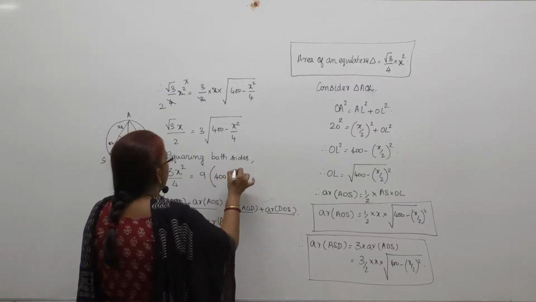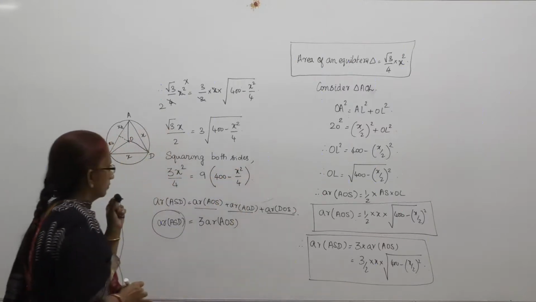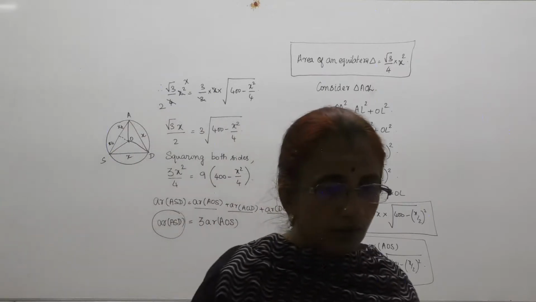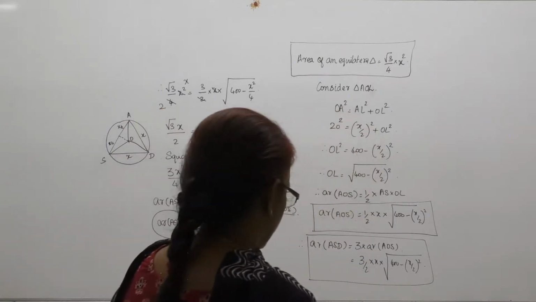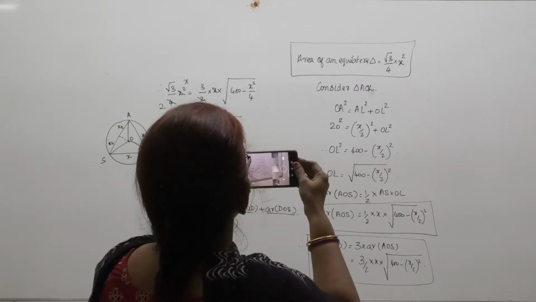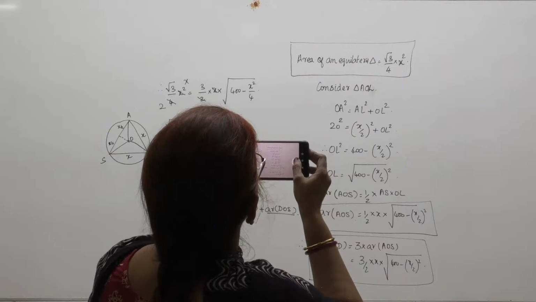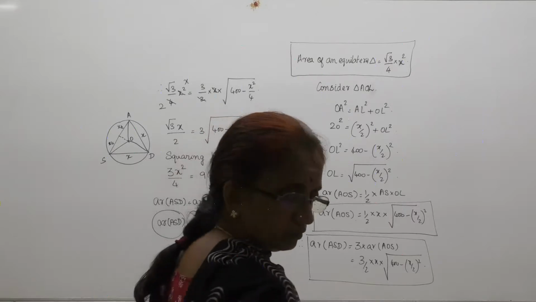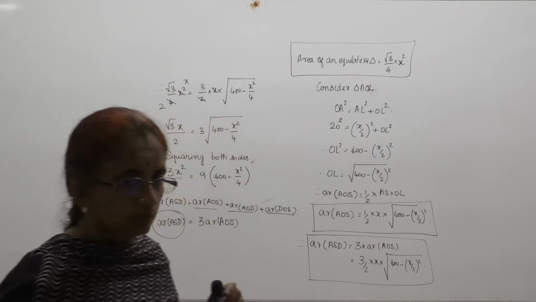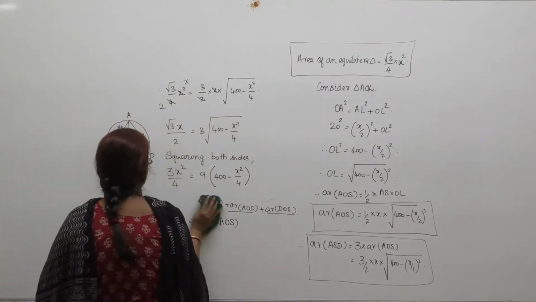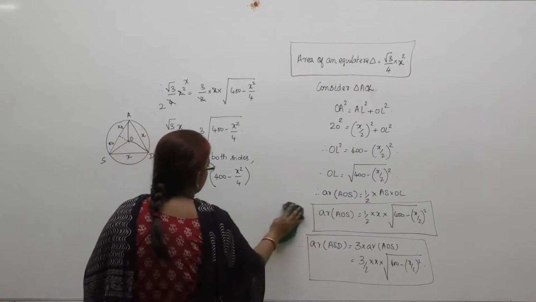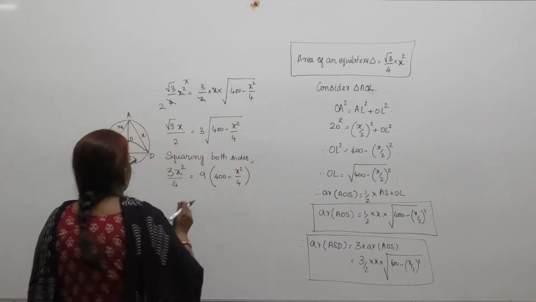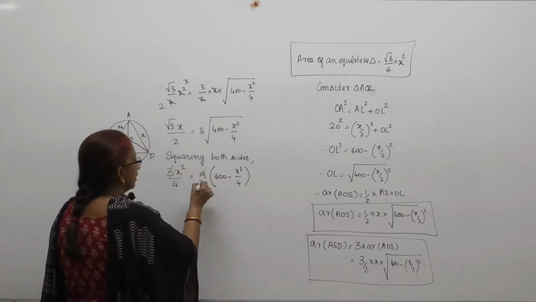So again, you can see that this 3 and this 9 will get cancelled with 3 here.